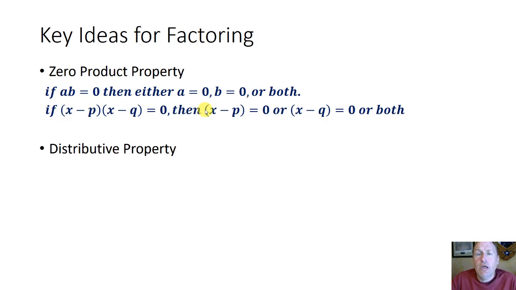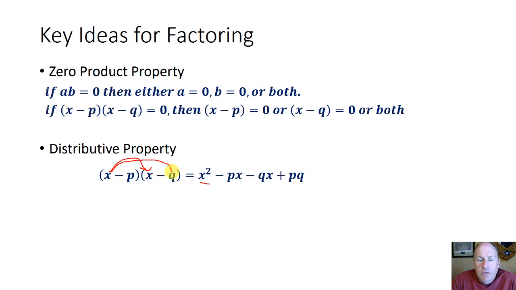Another super important concept in factoring is the idea of the distributive property. If I have something in the form of x minus p times quantity x minus q, and I distribute the terms using the distributive property of multiplication, x times x becomes x squared. Then I distribute that x term to the second term, the q.